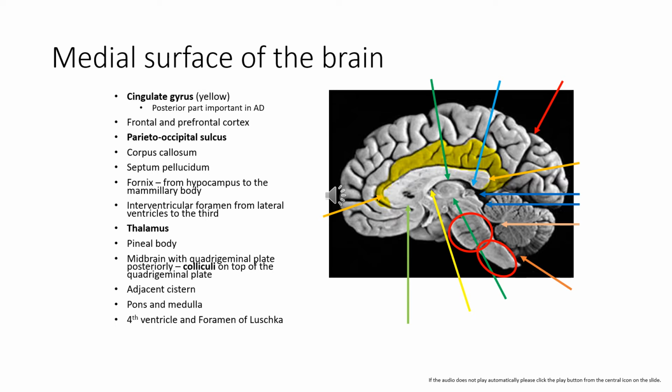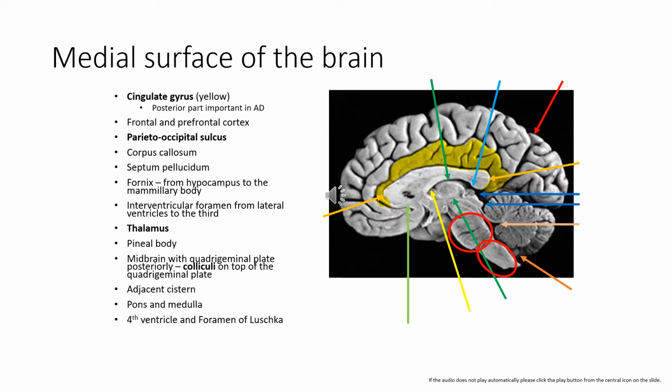This is an area of intense uptake on FDG brain imaging, and can also be affected in Lewy body dementias, and is a true anatomical division between the parietal and the occipital lobes on the medial surface of the brain.